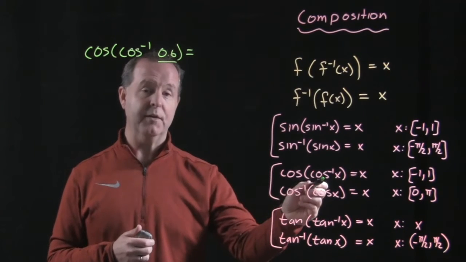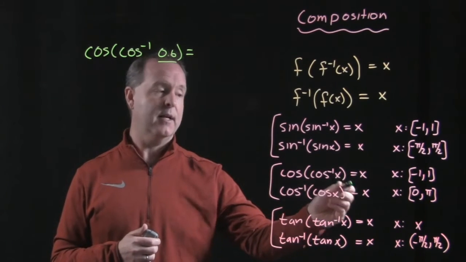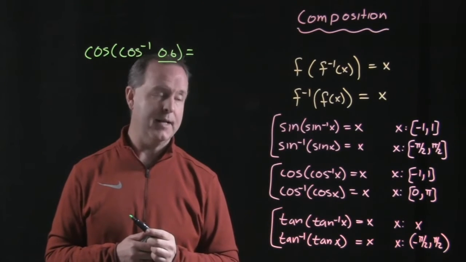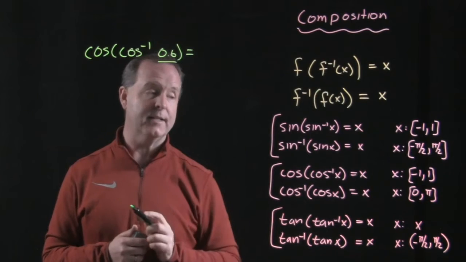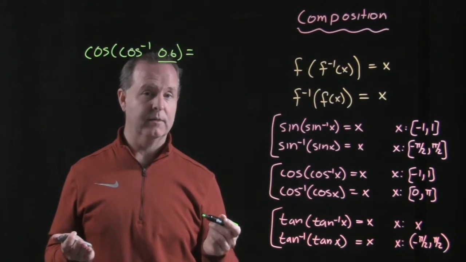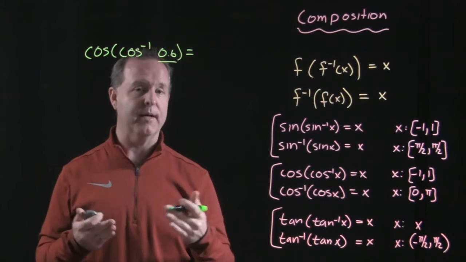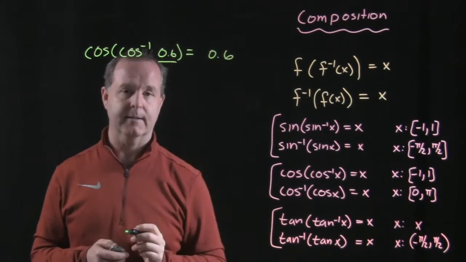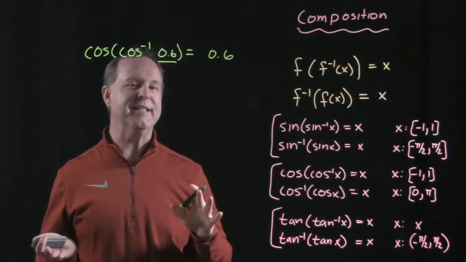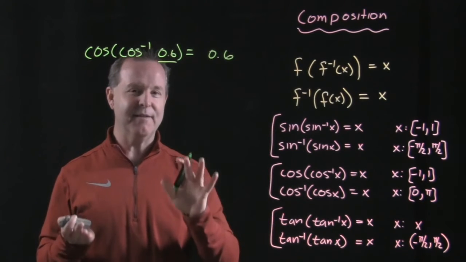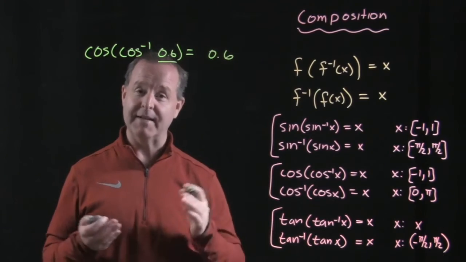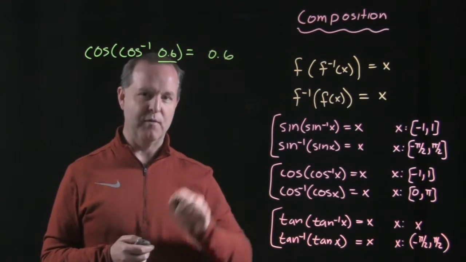The cosine of the inverse cosine of x equaling x is true if I have x within the interval of -1 to +1. 0.6 is within that interval. So therefore, I can use the inverse property right away, and its result is 0.6. That one is fairly easy. All we had to do is make sure that my value of x was within the interval. If that's the case, it's just moving that along.